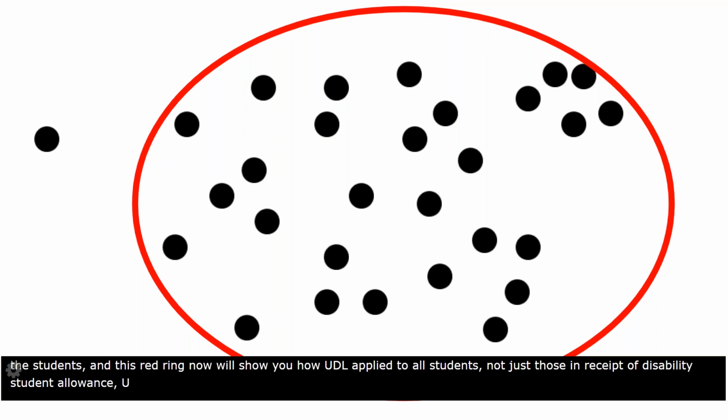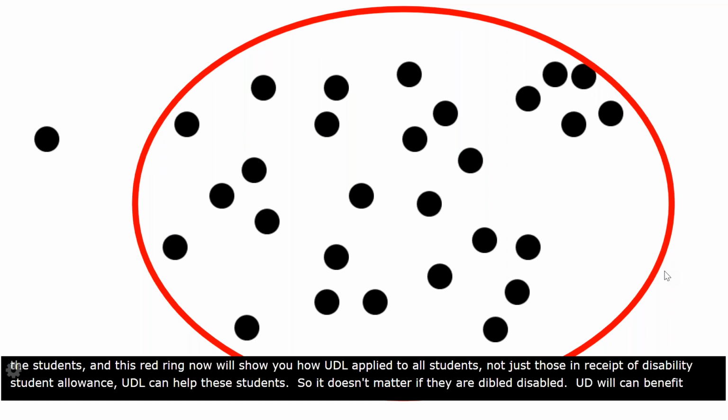So it doesn't matter whether they're disabled, from a widening participation background, carers, or from lower social classes. UDL, when delivered, can benefit all of these learners. Now you'll see right on the left-hand side an outlier.